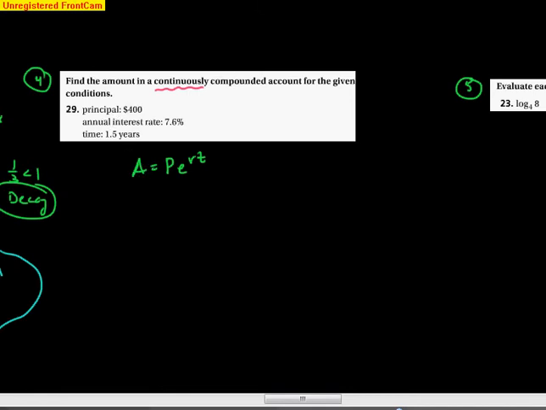So, what do they give me? Principal, interest rate 0.076, and time. Remember that e is a function in your calculator. Use your calculator. A equals 400 e to the 0.076 times 1.5.